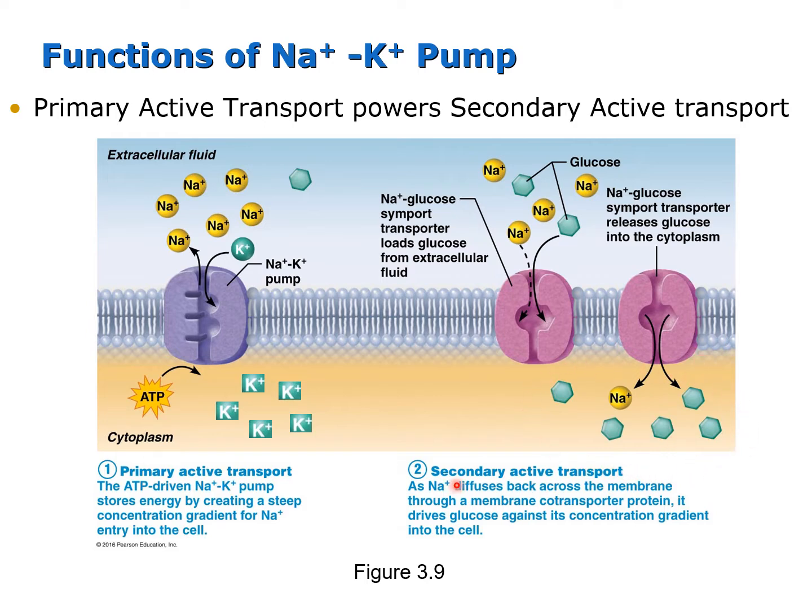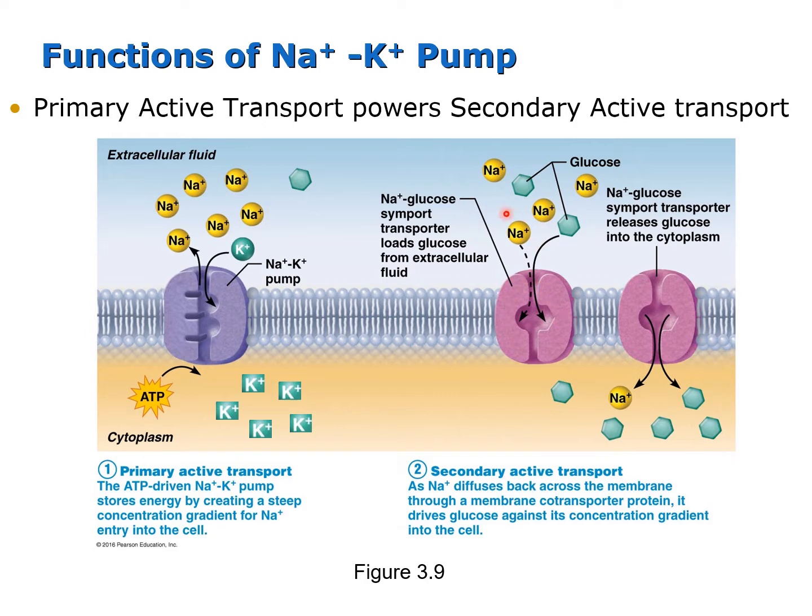This is referred to as secondary active transport because we are moving a solute, in this case glucose, up its concentration gradient. And we're not using ATP to do that. We're using the sodium gradient. As sodium moves down its concentration gradient, we're using that sodium gradient to power this carrier protein.